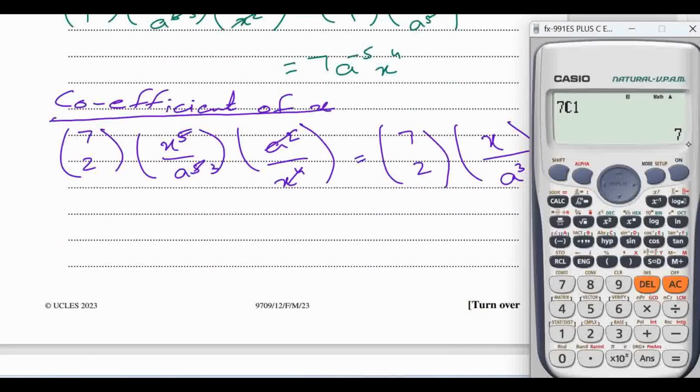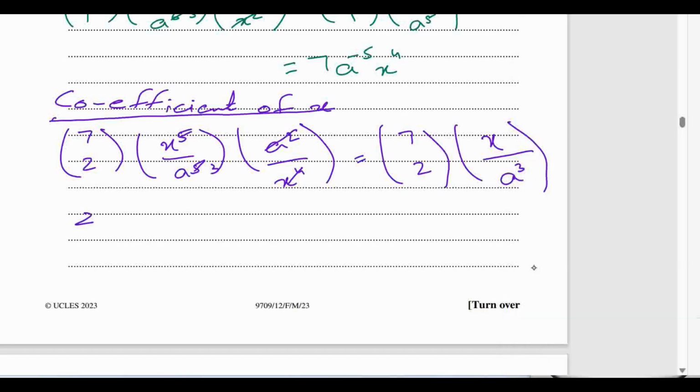Let's see 7C2. What is 7C2? This will be equal to 21. So this will be 21 x by a^3.